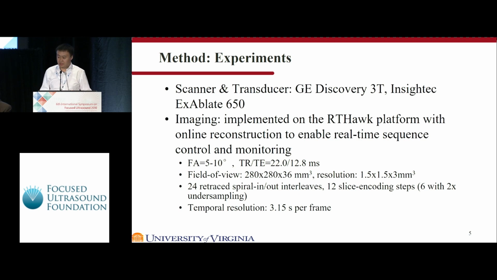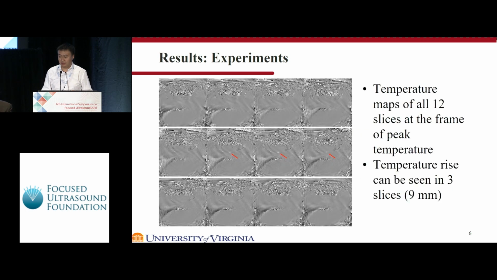The field of view is 280 by 280 by 36, where 36 is along the slice direction, and the resolution is 1.5 by 1.5 by 3. It includes 24 spiral in-out interleaves and 12 encoding steps, and 6 with the 2-times undersampling. The temporal resolution is 3.15 seconds per frame.